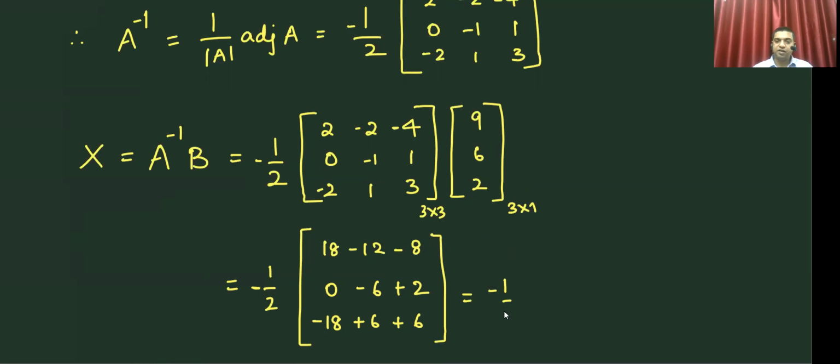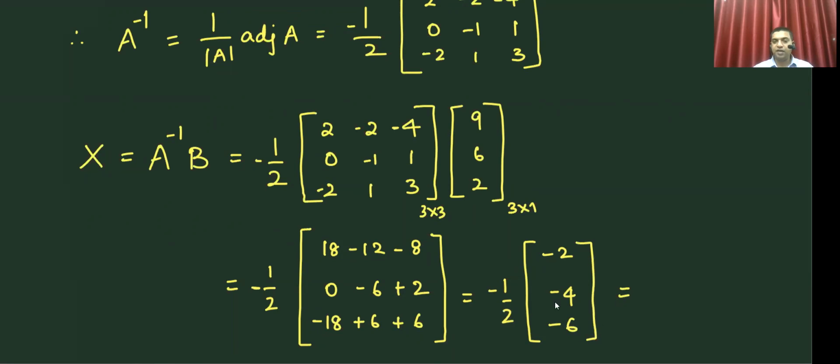So you have minus half times this: 18 minus 12 minus 8 is minus 2, minus 6 plus 2 is minus 4, minus 18 plus 6 is minus 12.